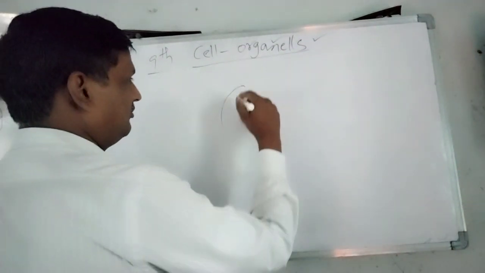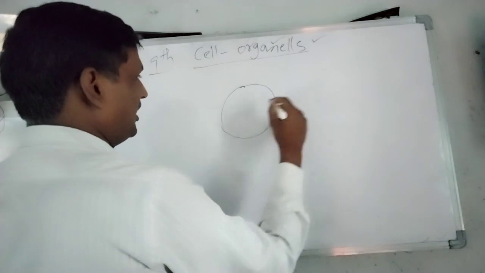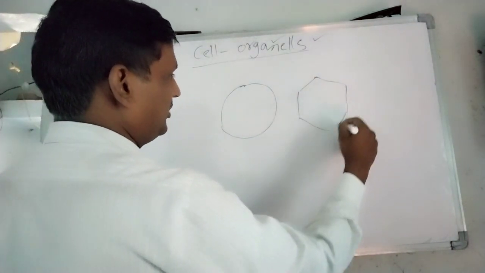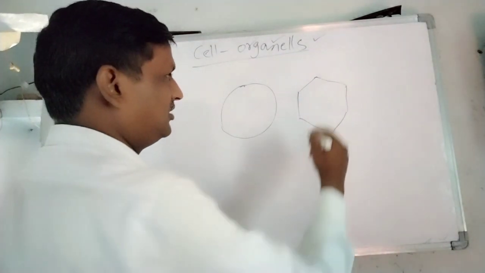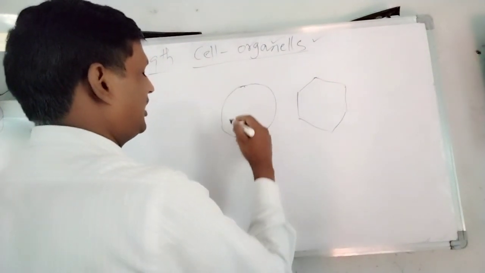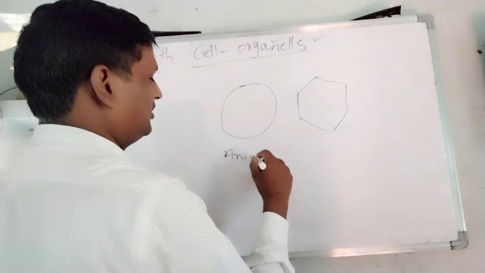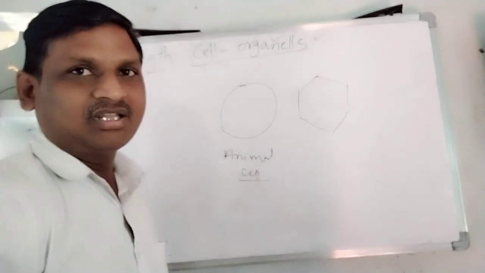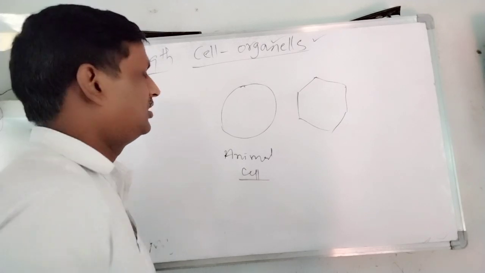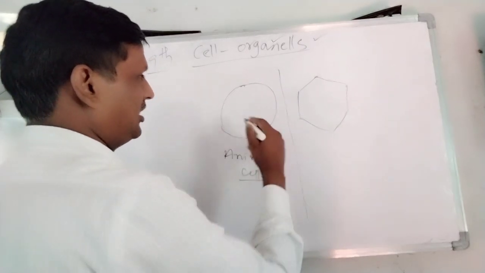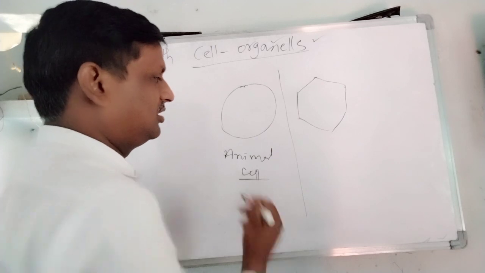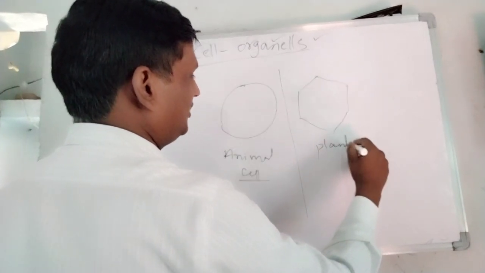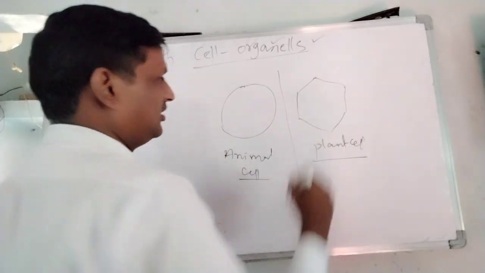Suppose we observe any cell, either a plant cell or an animal cell. Generally, a plant cell is rectangular in shape, whereas an animal cell is either irregular or circular in shape.